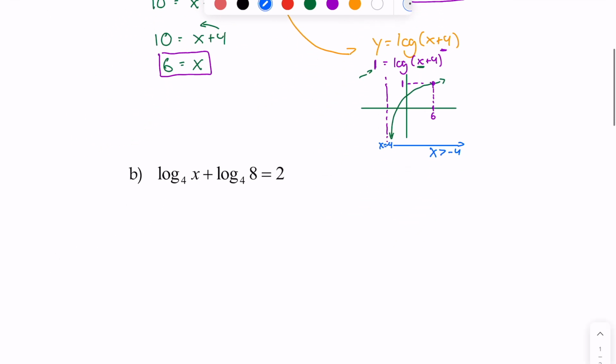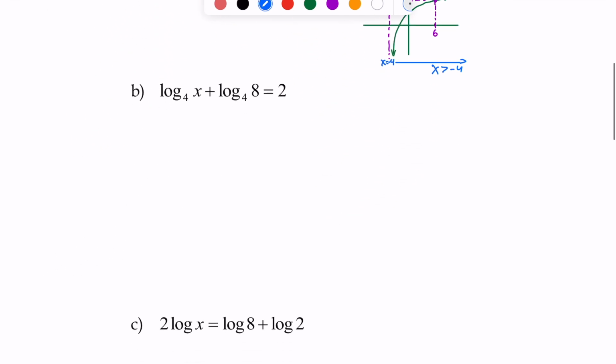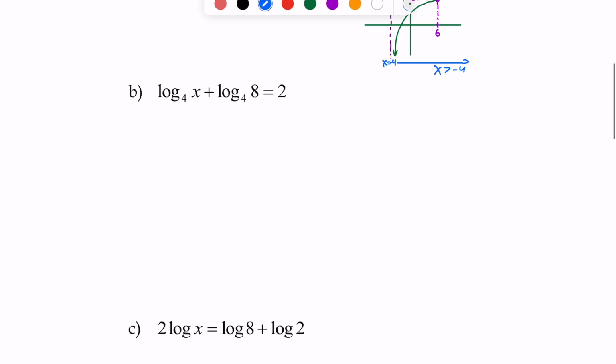So B, let's try it again. Log base 4 of x plus log 8 equals 2. In this problem, first step, state restrictions. It doesn't matter what problem, just state restrictions.